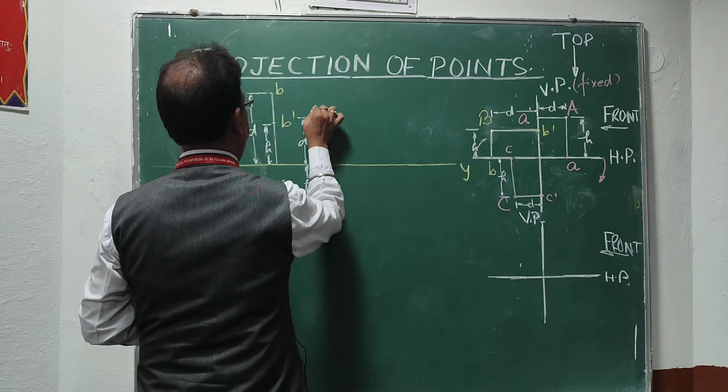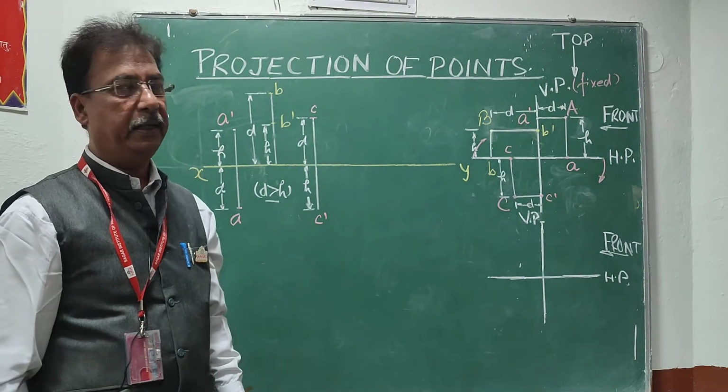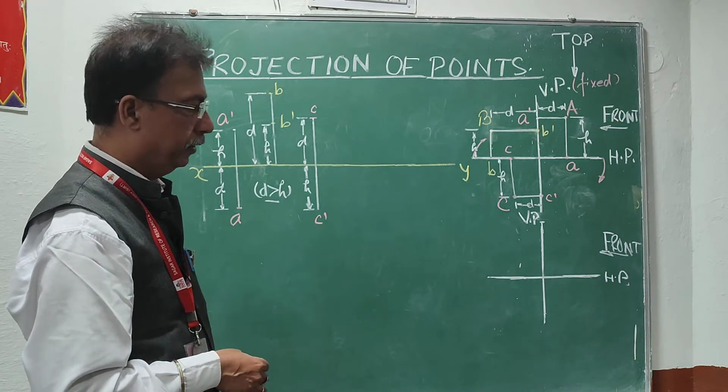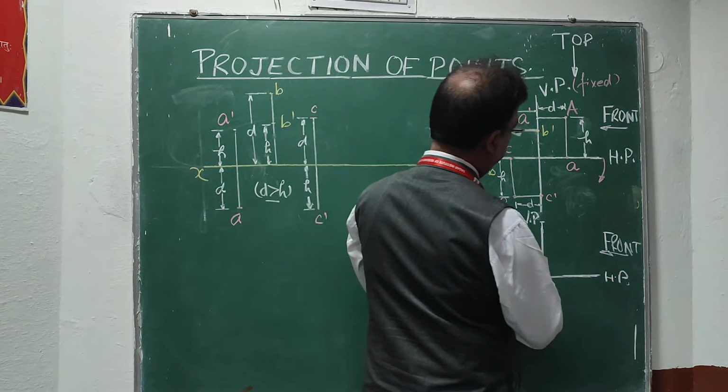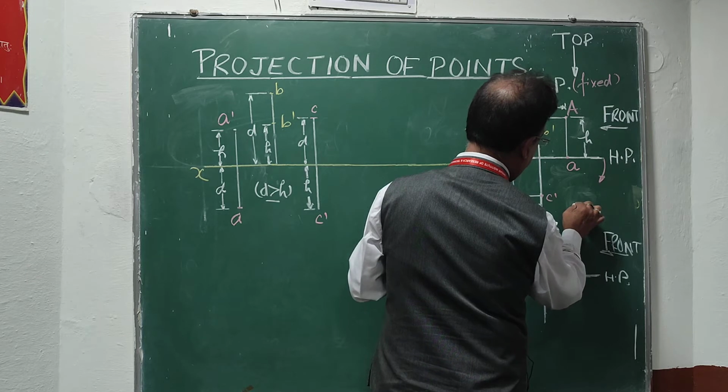So this will be small c and this will be c dash. So in third angle projection, as we know, the top view will be above the reference line and the front view will be below.